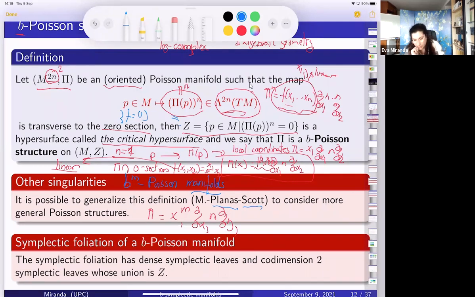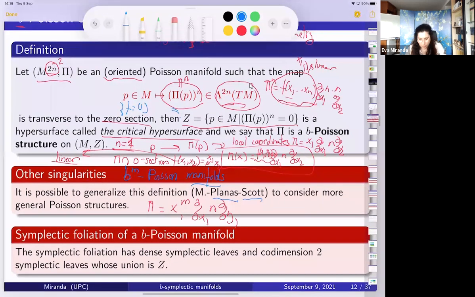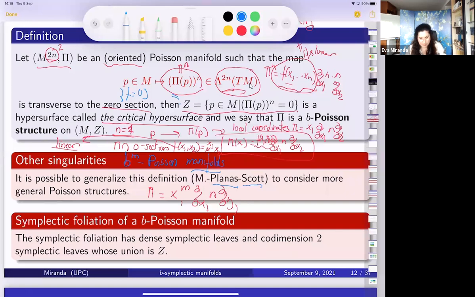We had a KM theory for b manifolds with Geoff, but we improved it with Arnau. Arnau also extended the theory to non-orientable manifolds. He classified, for instance, all two-dimensional symplectic manifolds admitting a b^m Poisson structure. He wrote a beautiful, beautiful thesis. And these are other singularities we could consider.